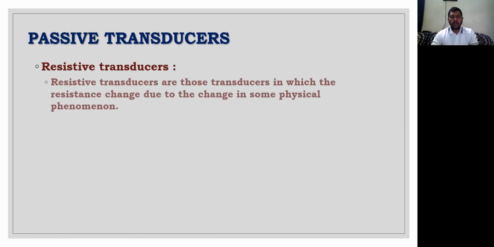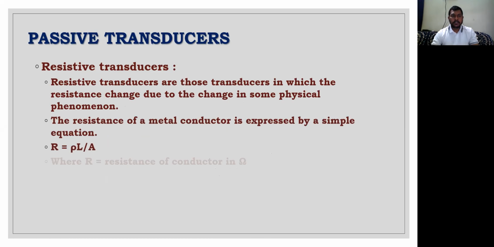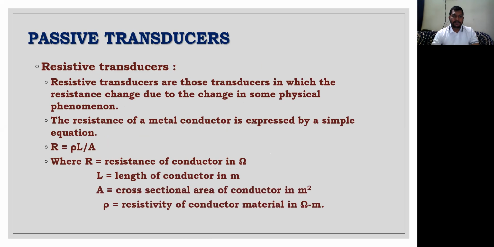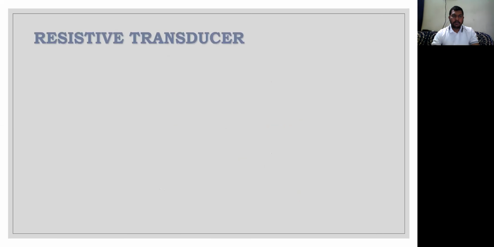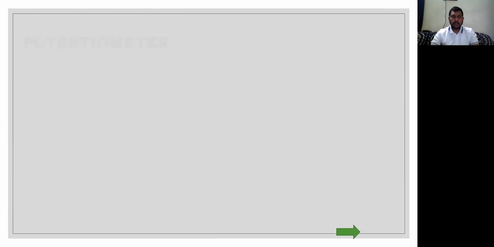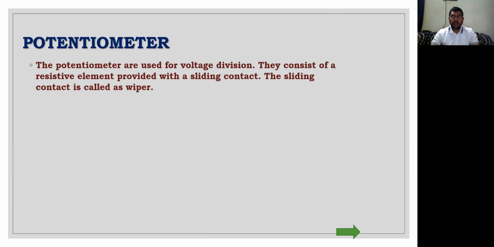I guess this much is over for today. We have also studied passive transducers, resistive, and we have completed this. There are four types of resistive transducers: potentiometers, strain gauge, thermistors, and resistance thermometers.